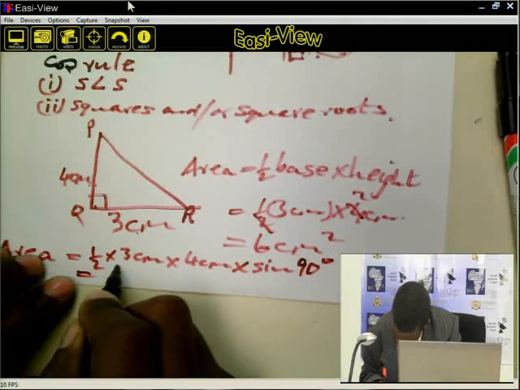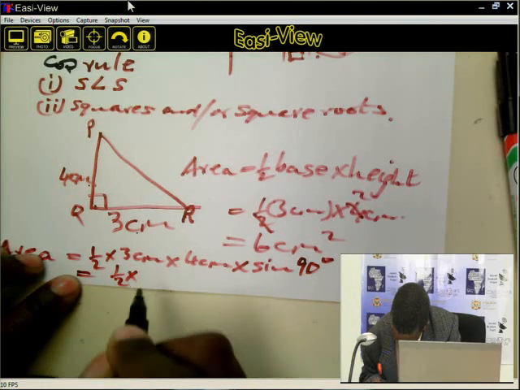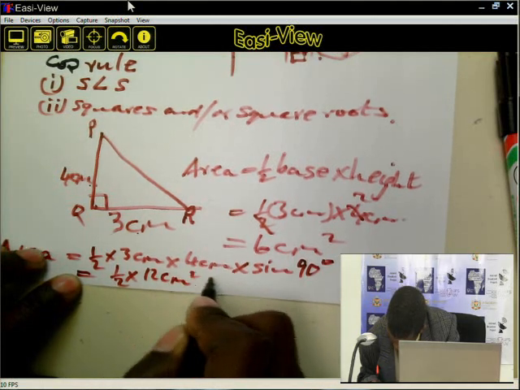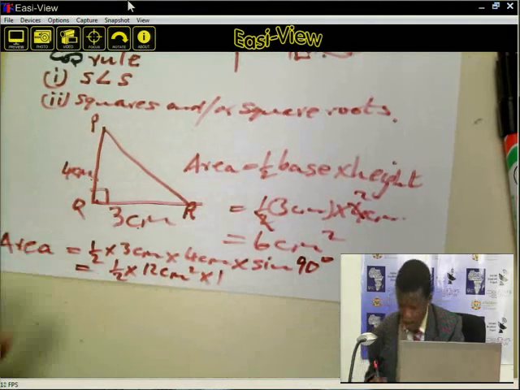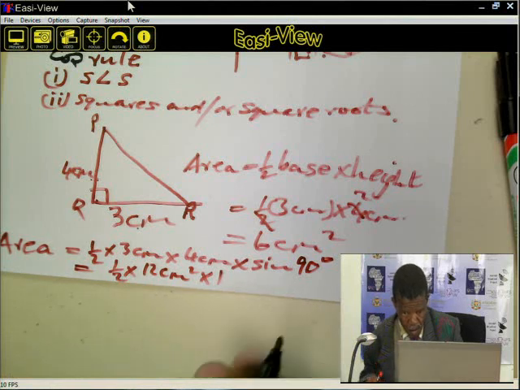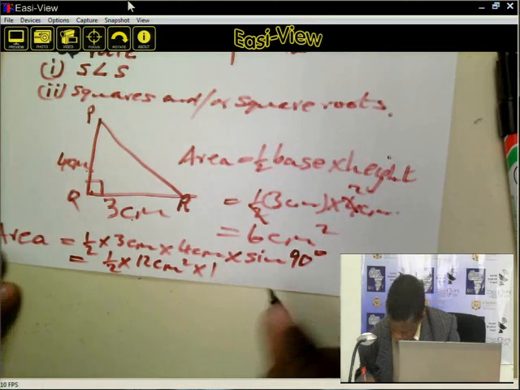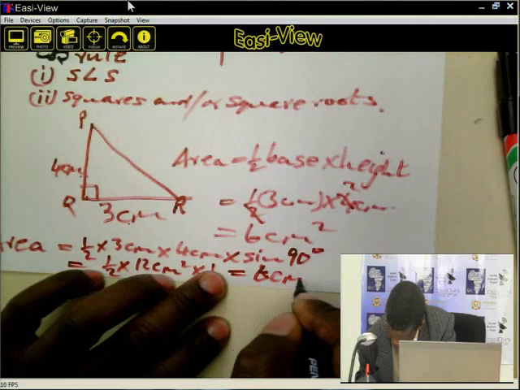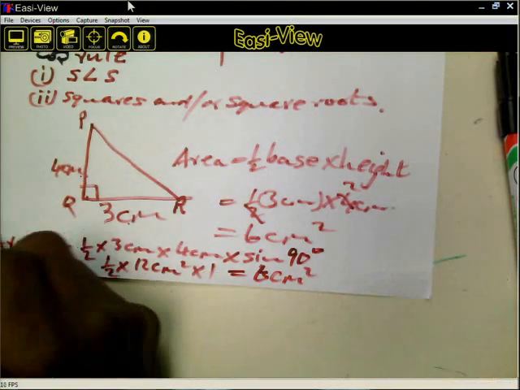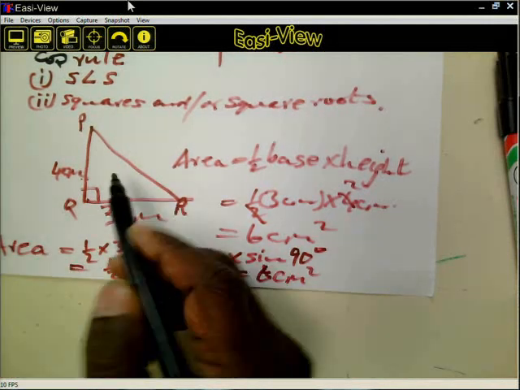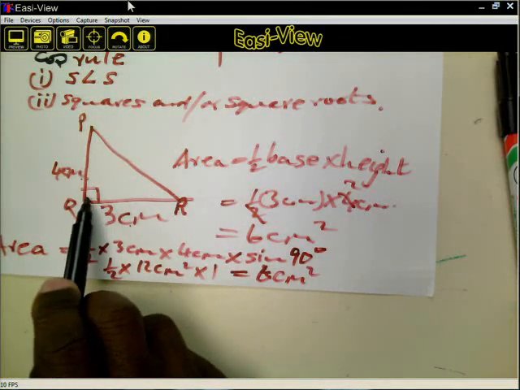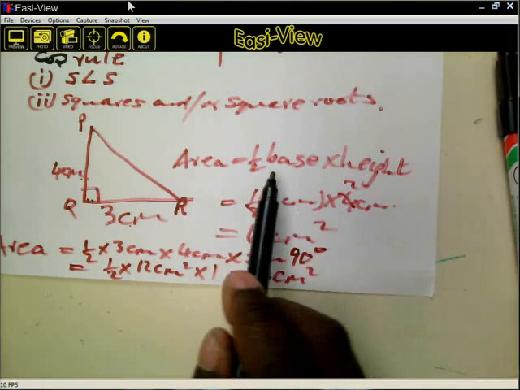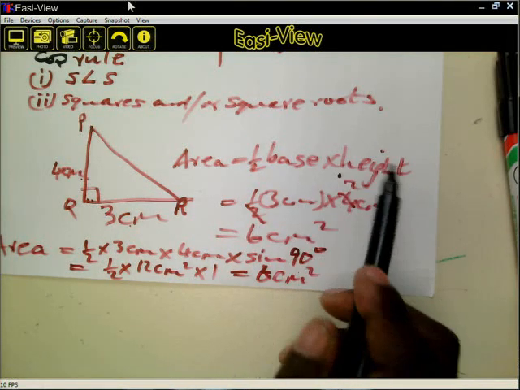Now, you have half times 3 times 4 is 12 centimeter squared times 1, because the sine of 90 degrees is 1. You still have your 6 centimeter squared. It is unnecessary to use this one when the triangle is right angled. But suppose this was 60, then you don't have a choice, because you can't use half base times height.